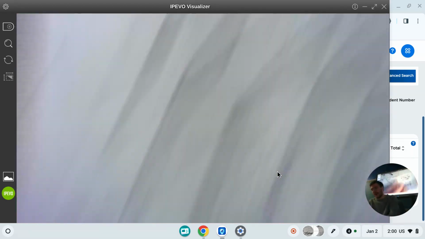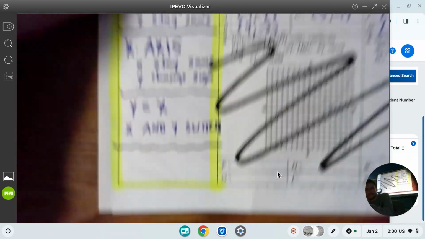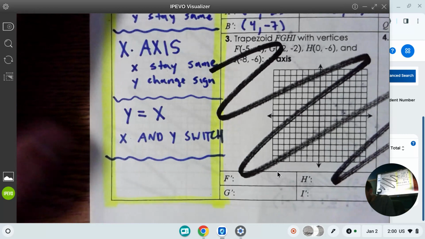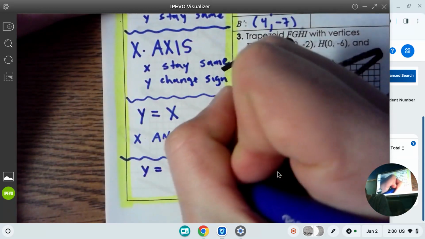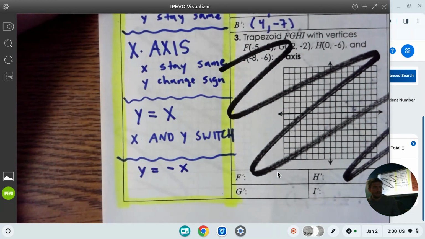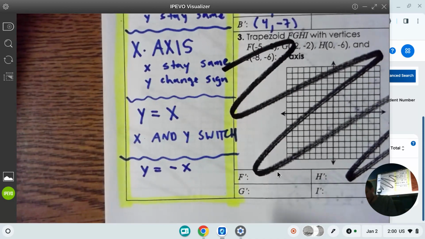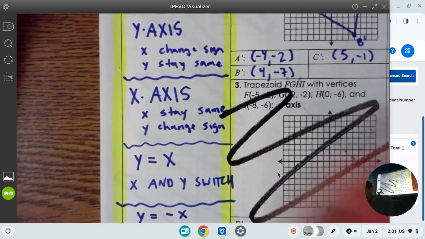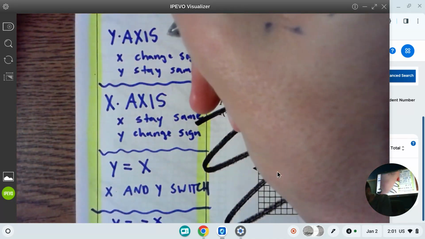All right, let's go back to here. All right, there's one more, which is y equals -x, okay? Now, I'm going to give myself a little bit of a drawing just for how these look so that I don't quite forget, right?